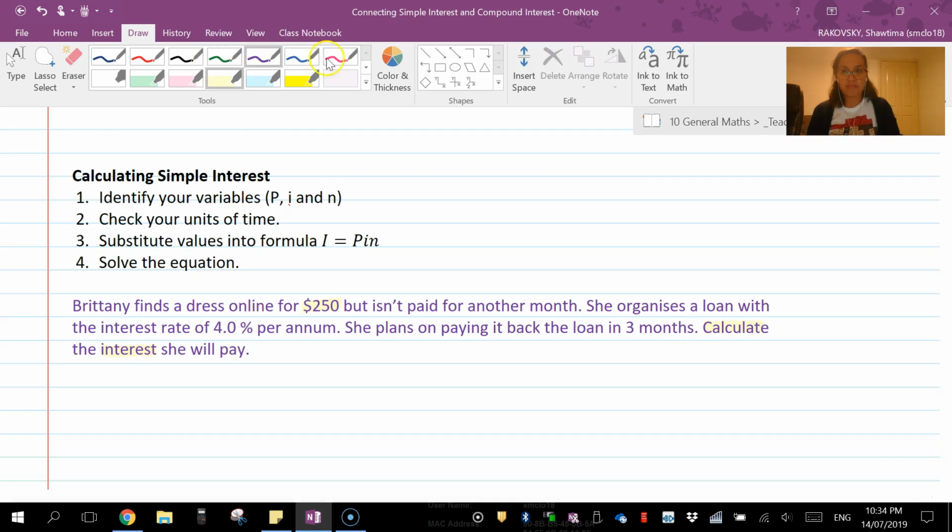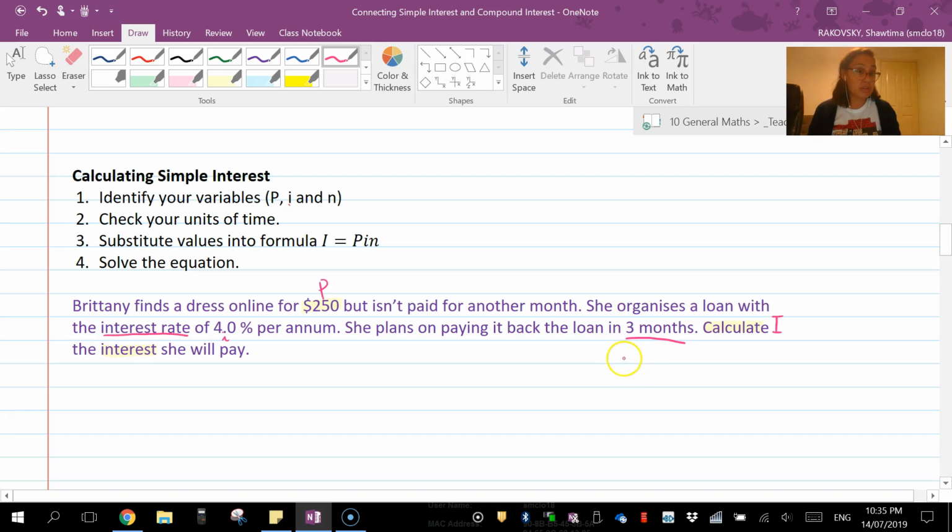I'm just going to call that a P. She organizes a loan with the interest rate, so that gives us our clue. This is going to be our little r. We're calculating big I, and the loan in 3 months.